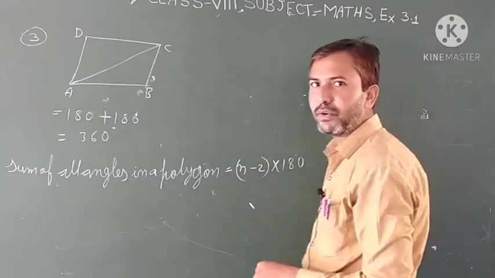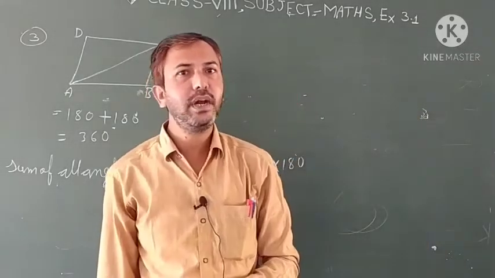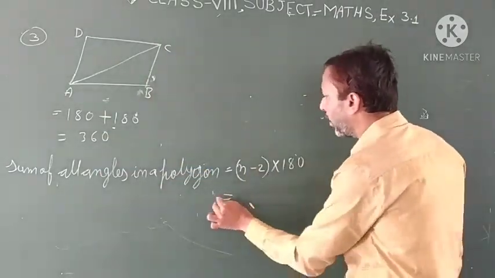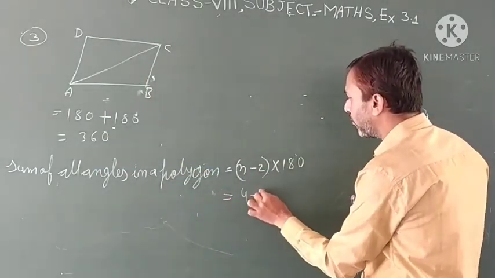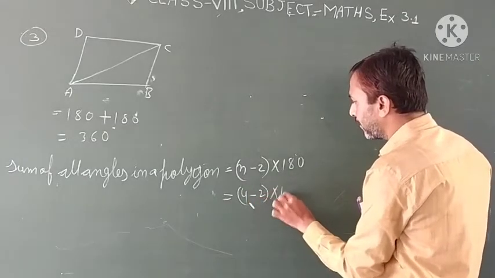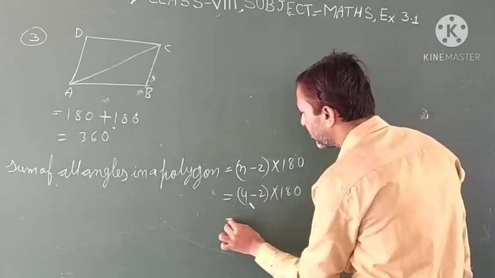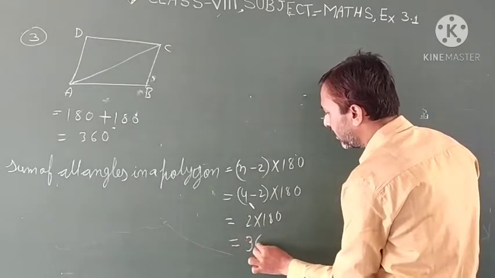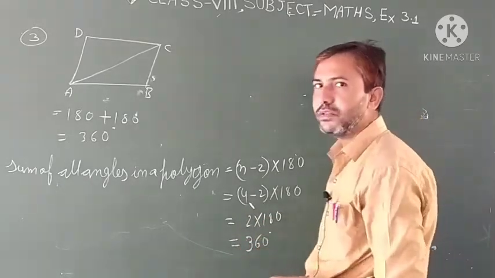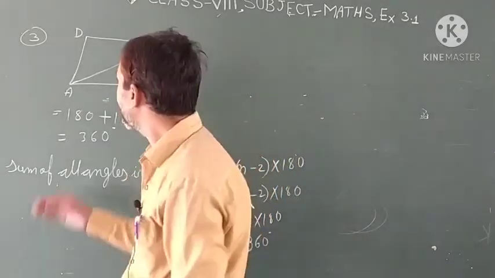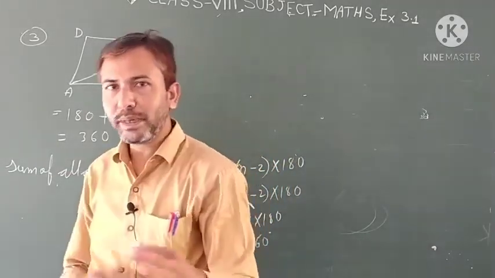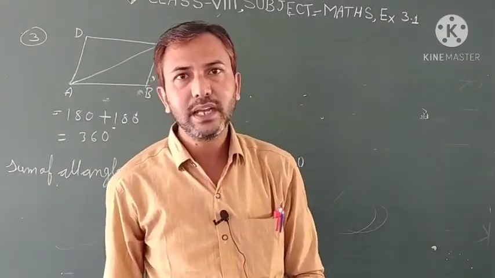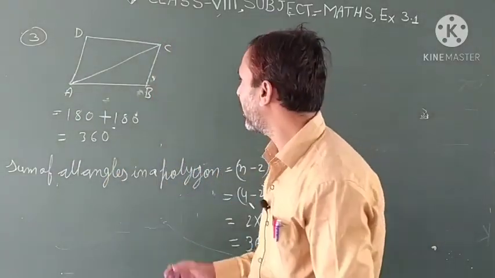With the help of this formula, I can also find the sum of all angles in any polygon. So in a quadrilateral, the value of n is 4, so (4 minus 2) times 180. 4 minus 2 is 2, 2 times 180 is 360 degrees. So with the formula and with the help of a diagonal, by both methods we can find the sum of all angles in any polygon or quadrilateral.